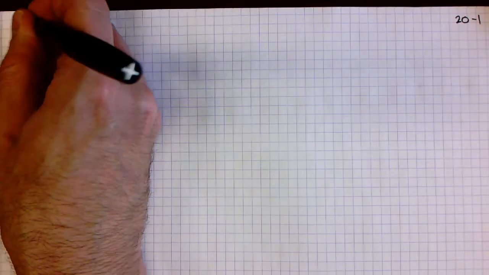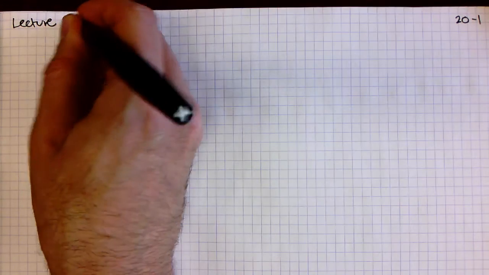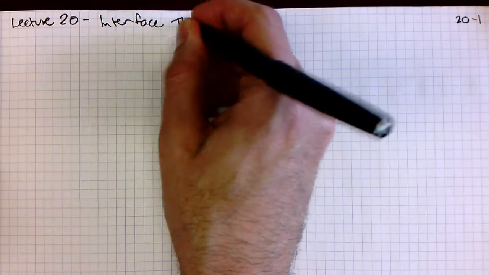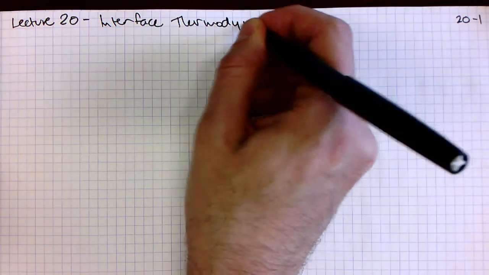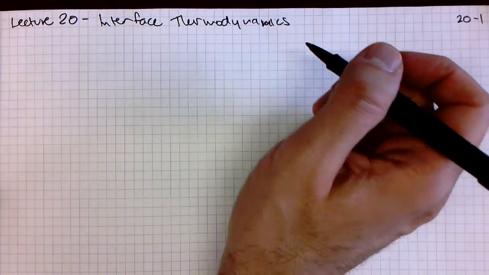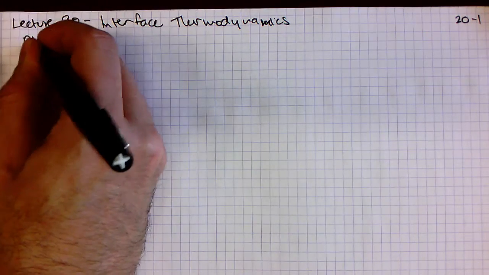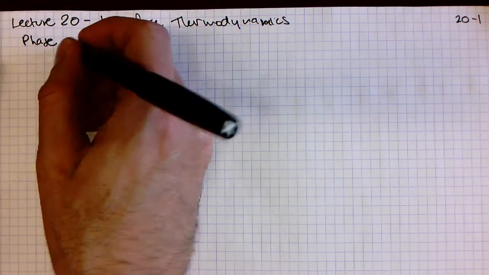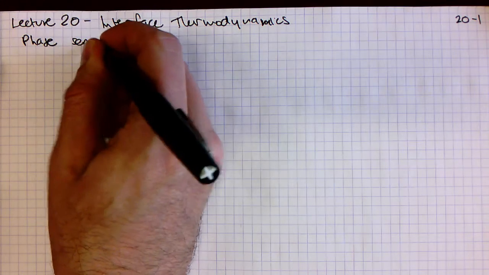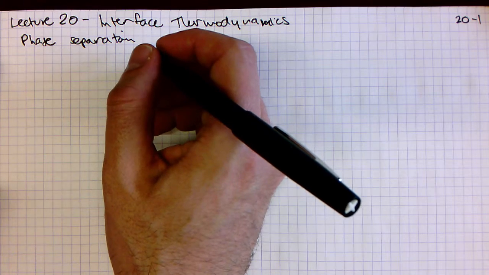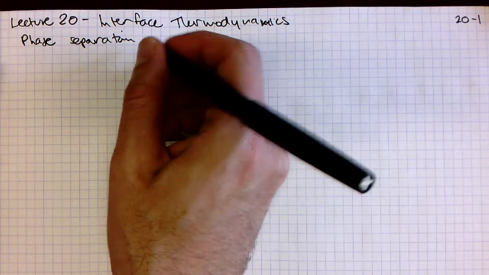Okay, so in lecture 20, we're going to start our discussion of interface thermodynamics. So we've already seen that phase separation is common in complex multi-component materials and provides a way for systems to lower their free energy, right?